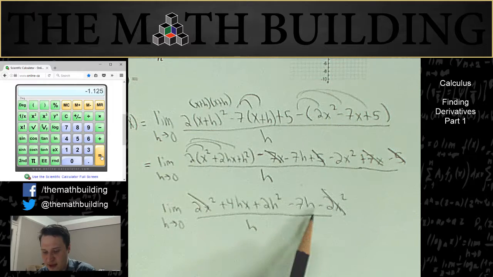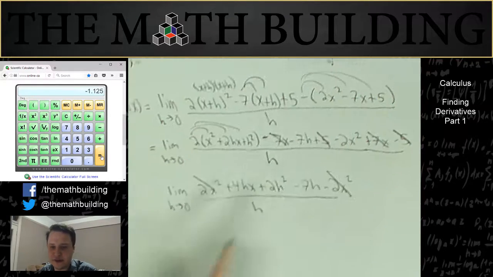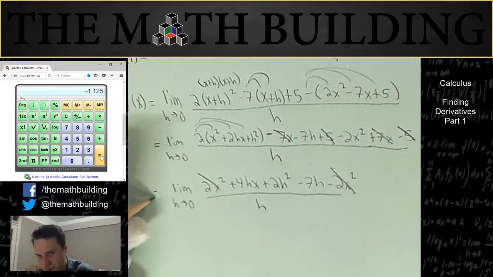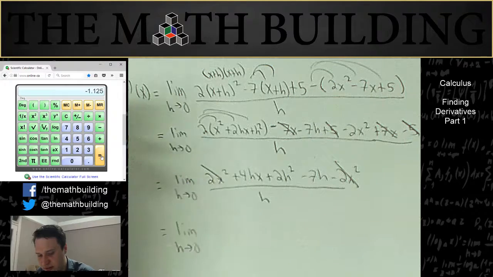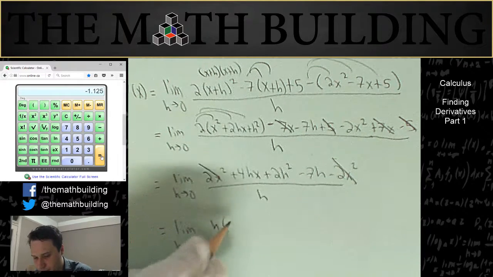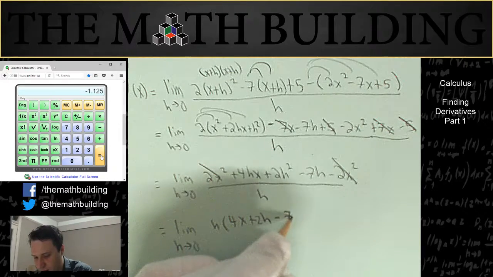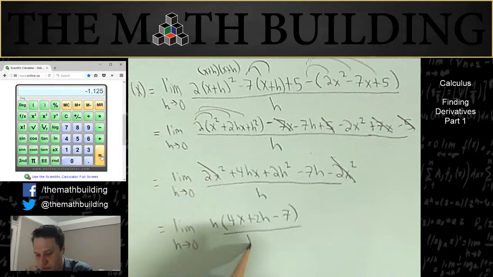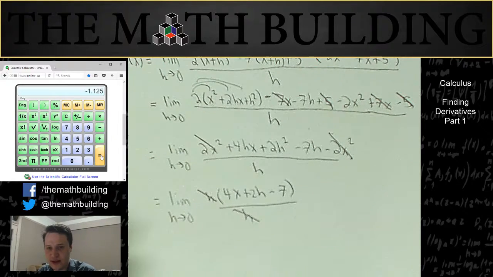And this is what I have up here. I need to get rid of this h, and luckily all the terms in the top have an h. So let's factor an h out of the top, which gives me 4x plus 2h minus 7 on the top, all over h. The h cancels with h, which is really nice.